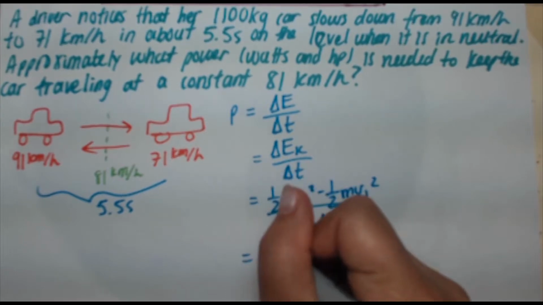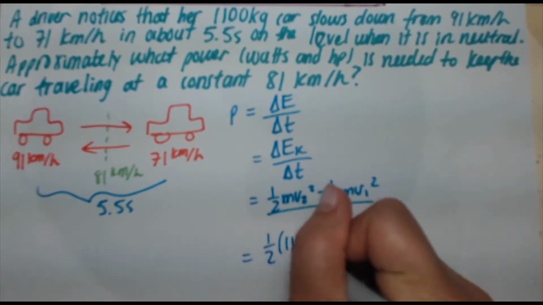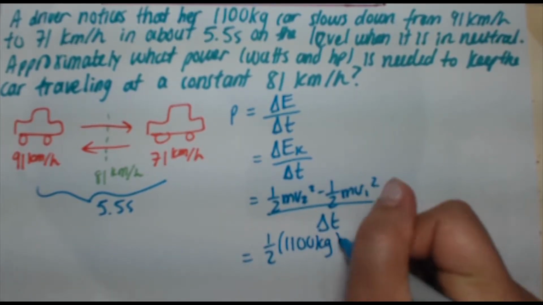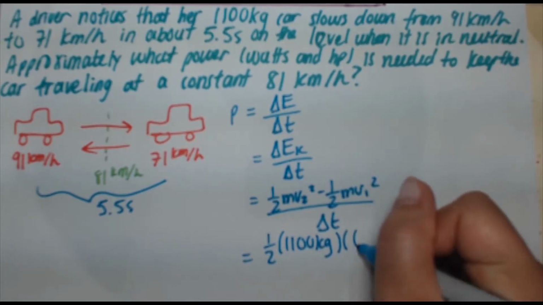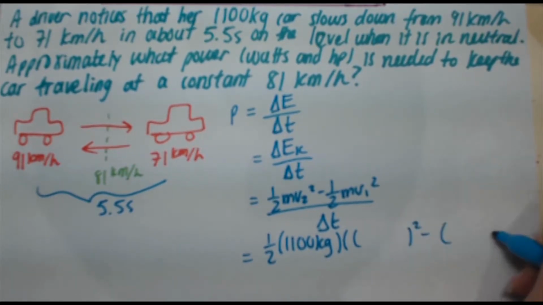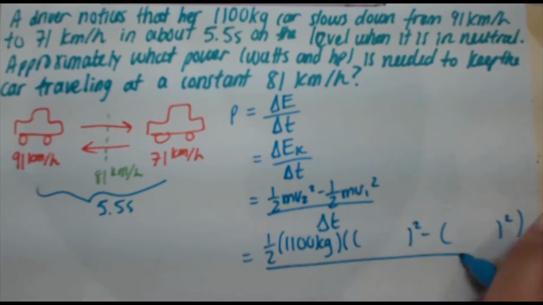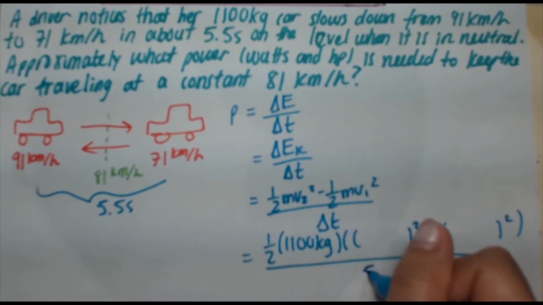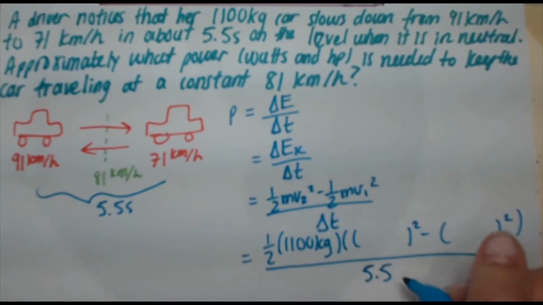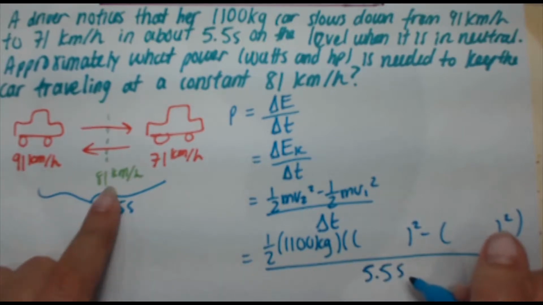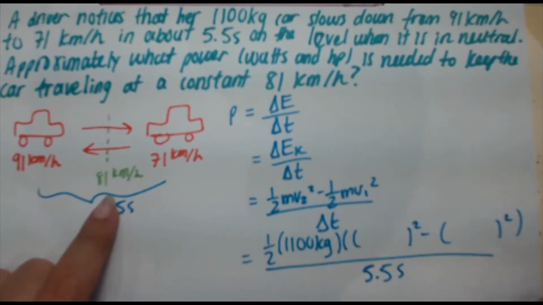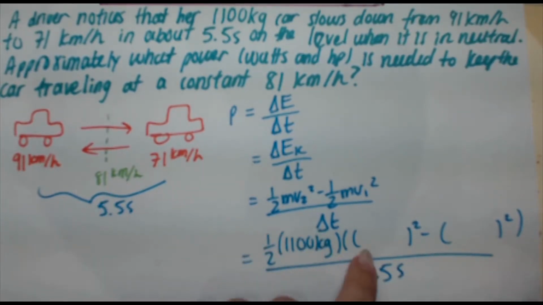So let's factor out 1/2 the mass. So 1/2 times 1100 kilograms, times V2 squared minus V1 squared, divided by delta T. It takes 5.5 seconds to slow down, so we want to use another 5.5 seconds to speed up so we get that 81 kilometers per hour. The reason I left empty brackets for V2 and V1 is because we're given the values in kilometers per hour.